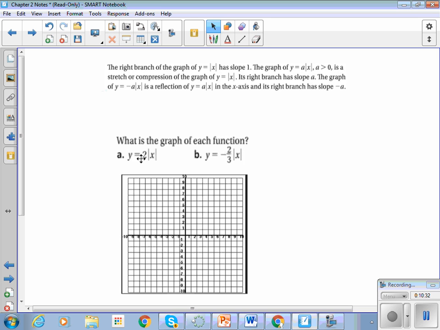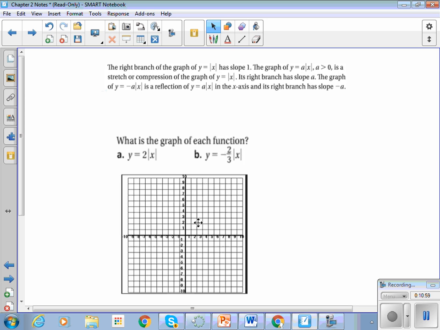So when I'm putting together this absolute value function, my original absolute value function was, I start at 0 and I go up 1 over 1. This now has a slope where I'm going to be doubling all my outputs, so it's times 2. So I'm going to start at 0 and go over 1, up 2.